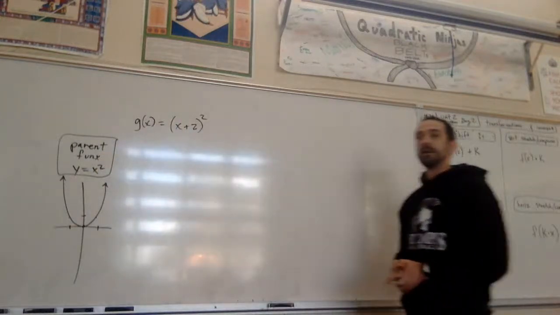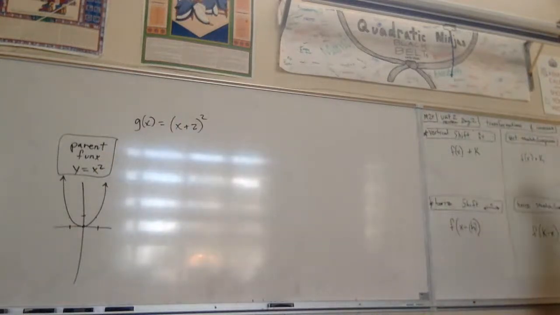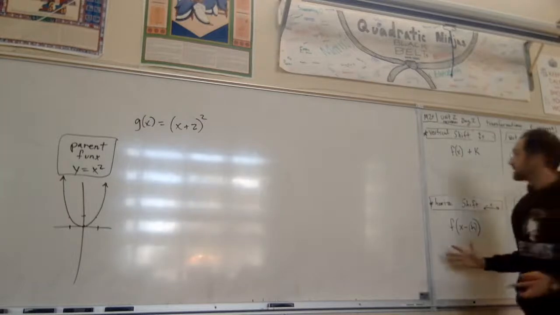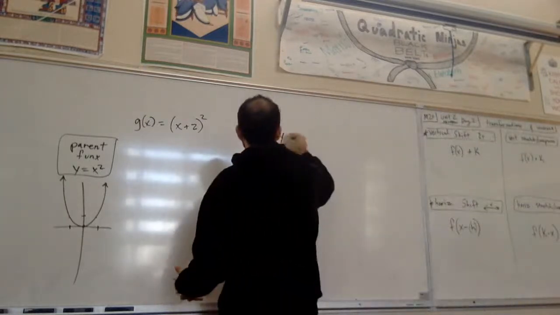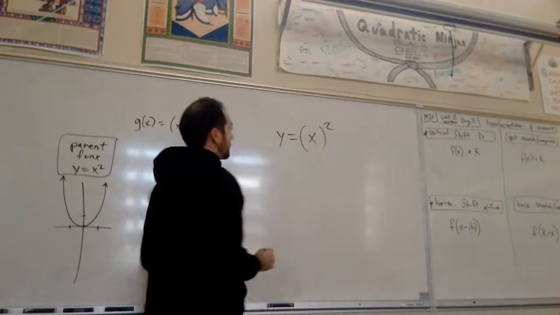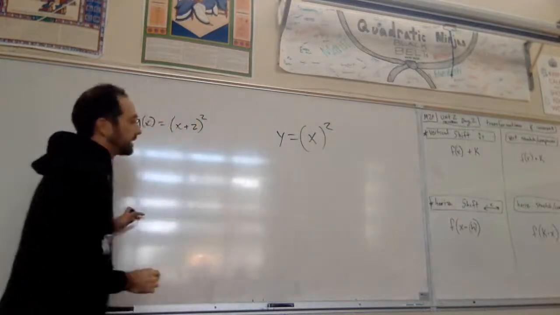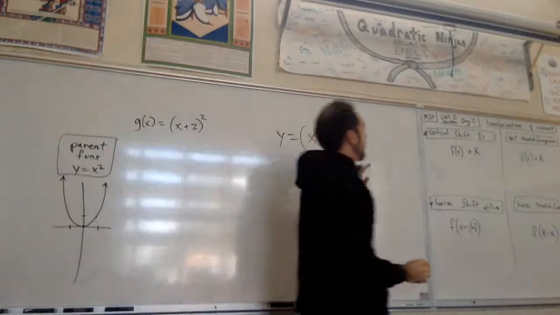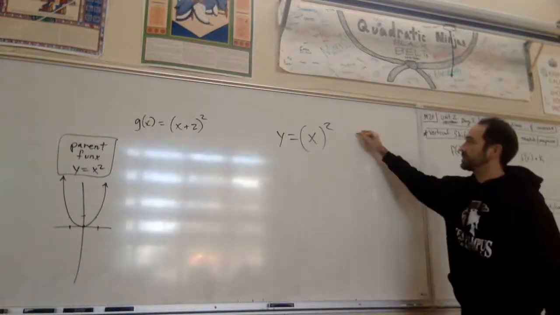Nothing happening there. So let's see. Janice, what do you think? Vertical shift or horizontal shift? Horizontal shift. How do you know? Because here is our function. Y is equal to x squared. If I am doing a vertical shift, I would just have that plus 2 out here.